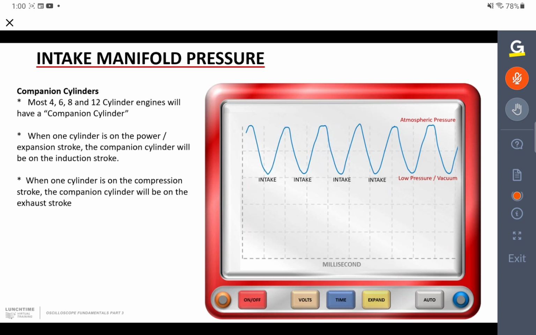We're getting a negative pressure on the intake stroke, so lower pressure at the bottom, or we can call it a vacuum, and atmospheric pressure at the top. Now, if it's a turbo or supercharged engine, then you could have higher pressures there, but we'll stick with a non-turbo, non-supercharged engine for this. So atmospheric pressure at the peak, and a low pressure or vacuum at the lower peak.